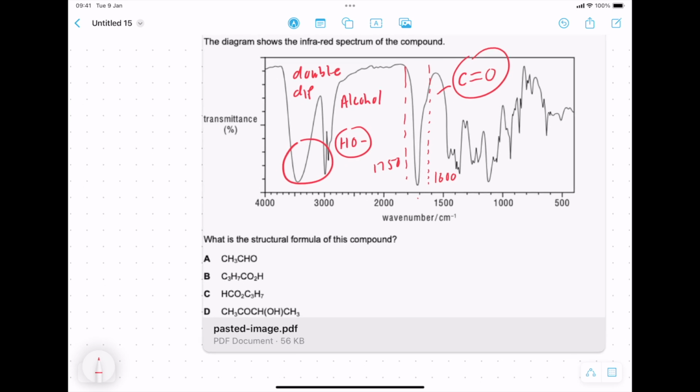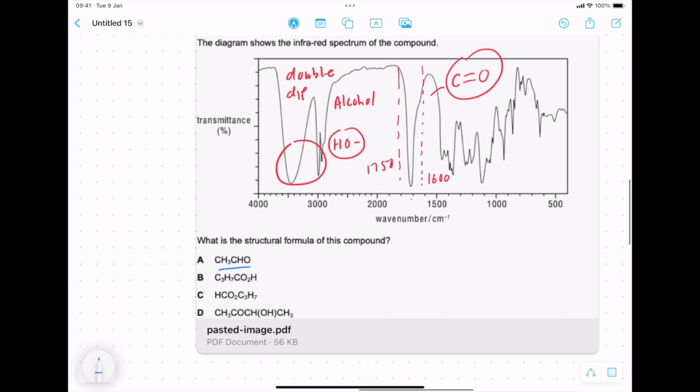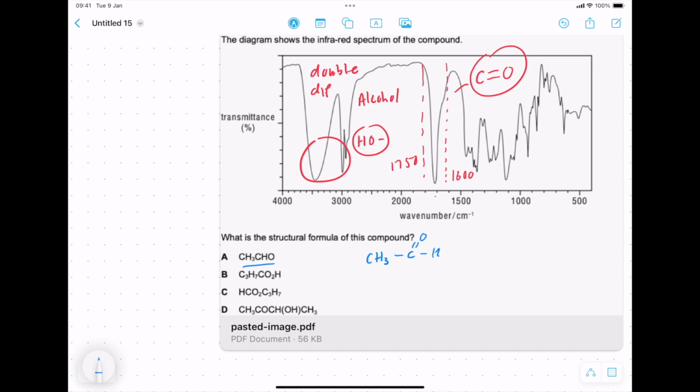So let's look at our options. A is actually an aldehyde, so CH3, C double bond O, H. So I know for a fact it is not A. The next one, CO2H, that notation there is of a carboxylic acid. That's the way it's written. So it's not a carboxylic acid. Then we've got this one, HCO2C3H7.